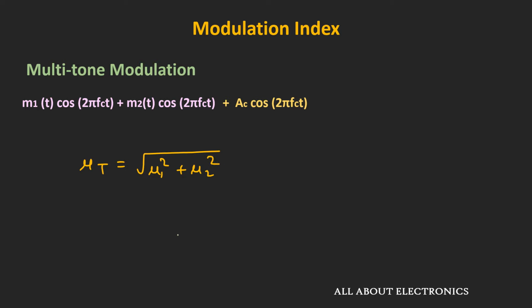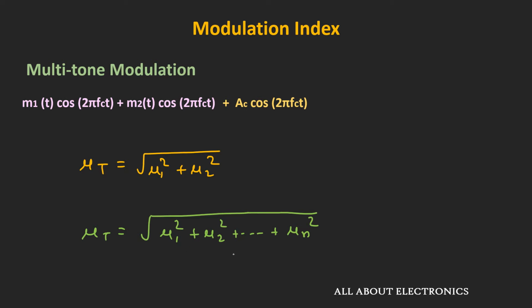Or in general, if we have n terms, then the total modulation index will be equal to square root of mu1 square plus mu2 square plus so on plus mu n square. So in this way, we can find the modulation index for the multitone modulation.